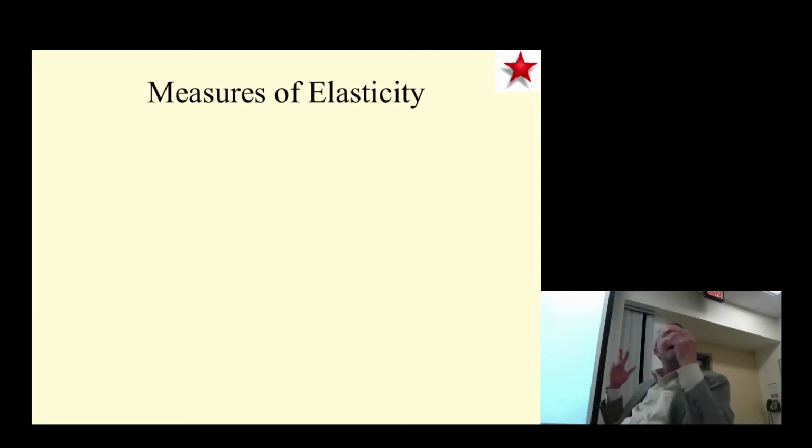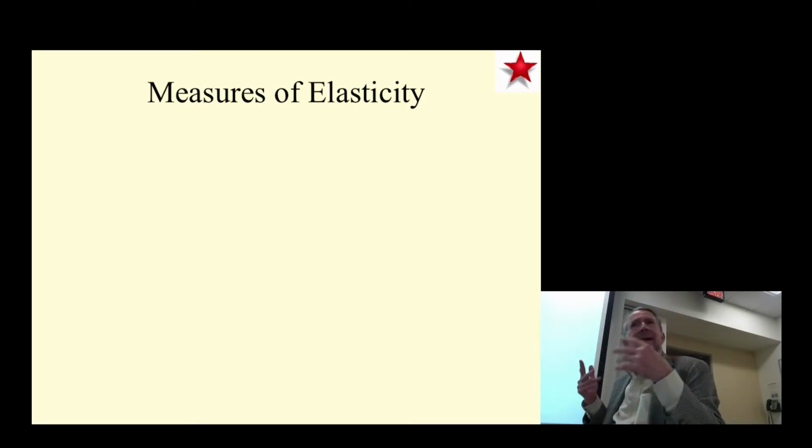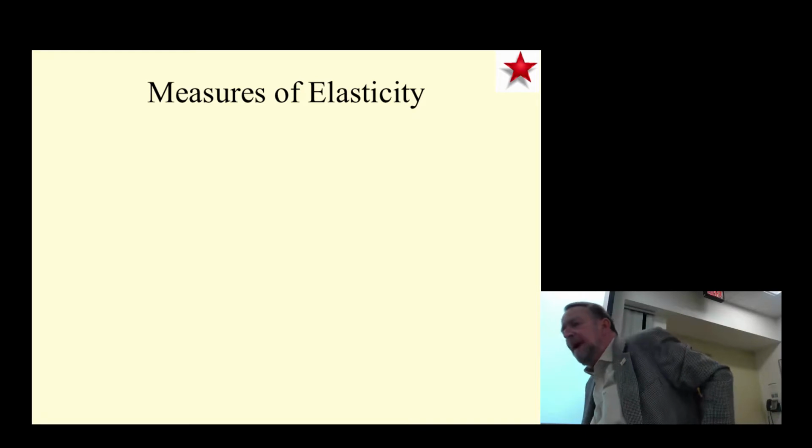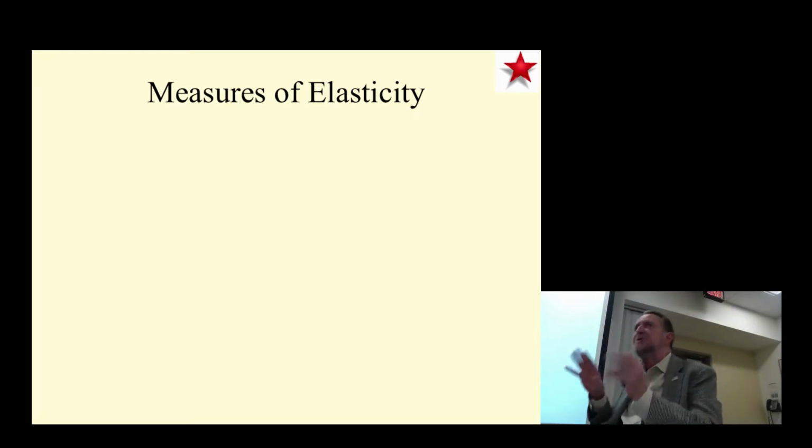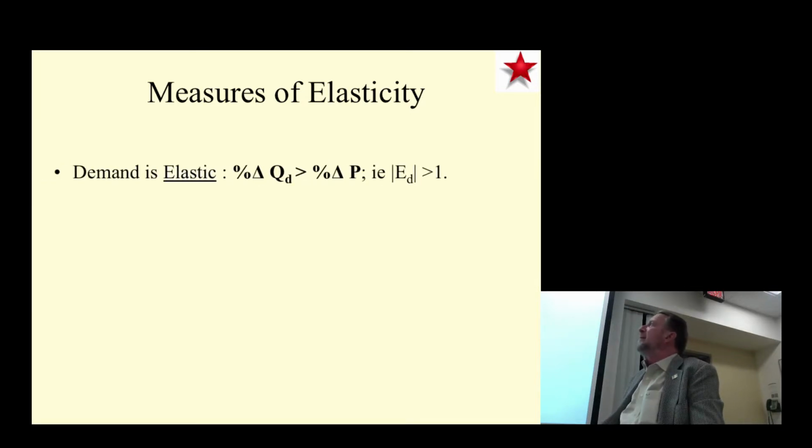So why do we care how responsive buyers are? Why does the seller care what the elasticity of demand is? Well, it turns out that if buyers are very responsive, meaning that the numerator, the quantity change, is bigger than the denominator, then the size of the number will be bigger than 1.